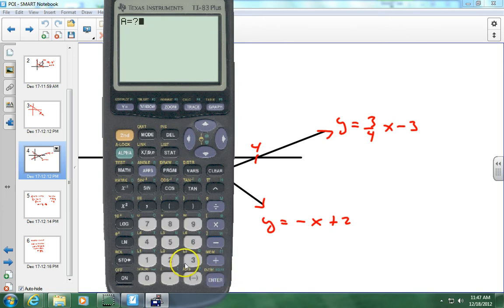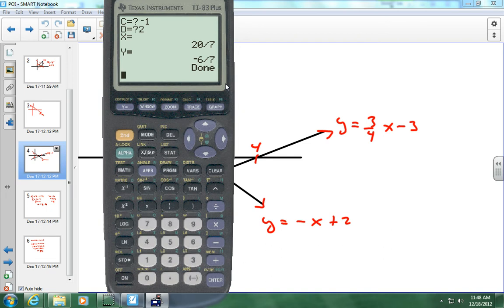Run it. So what is it? 3/4 and negative 3 and negative 1 and 2, and there you go. The inputs are right here. 3/4 for A, negative 3 for B, negative 1 for C, 2 for D, and who didn't get the fracs? Who foobarred or fracked their code?